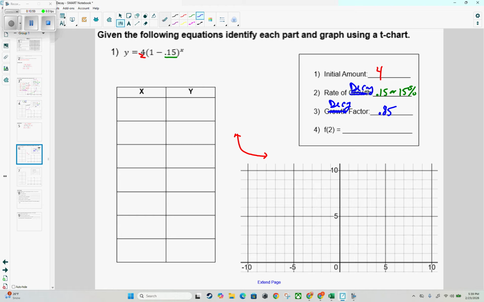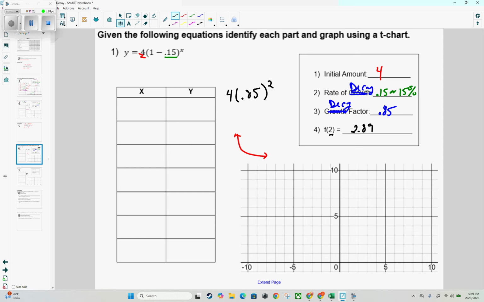And then in the calculator, you just type in 4 times 0.85 to the 2 is what they want this time. So typing that in gives us 2.89.